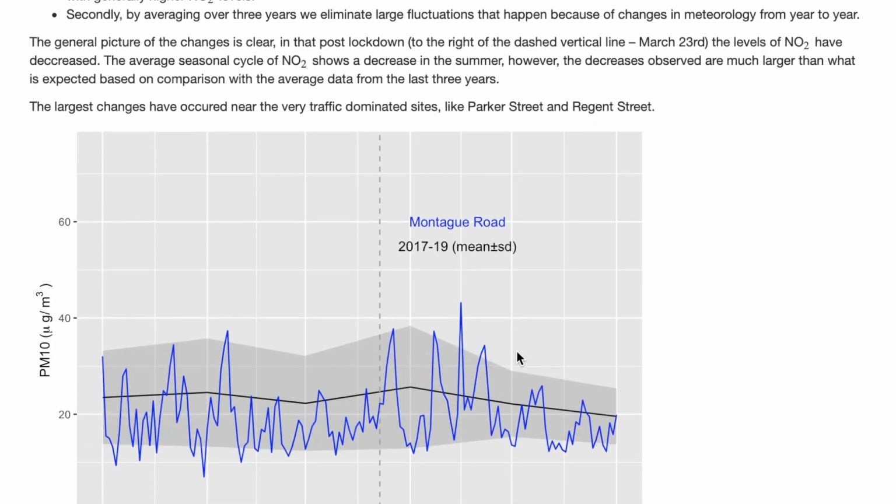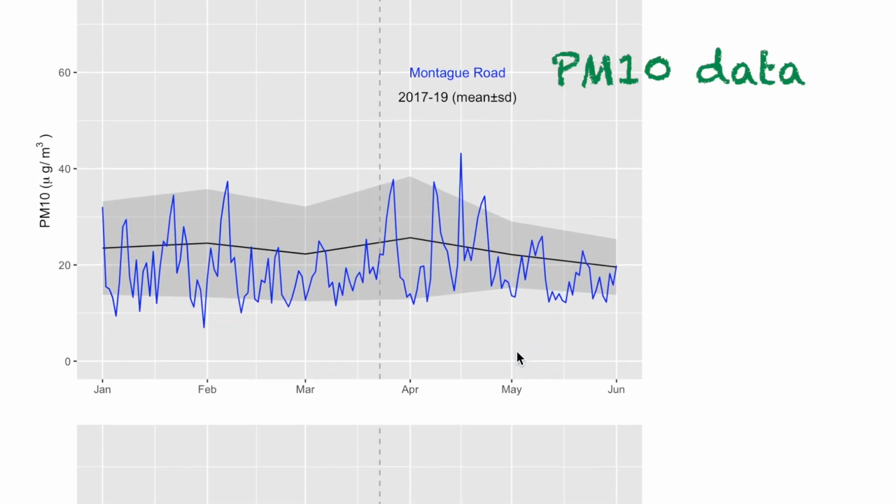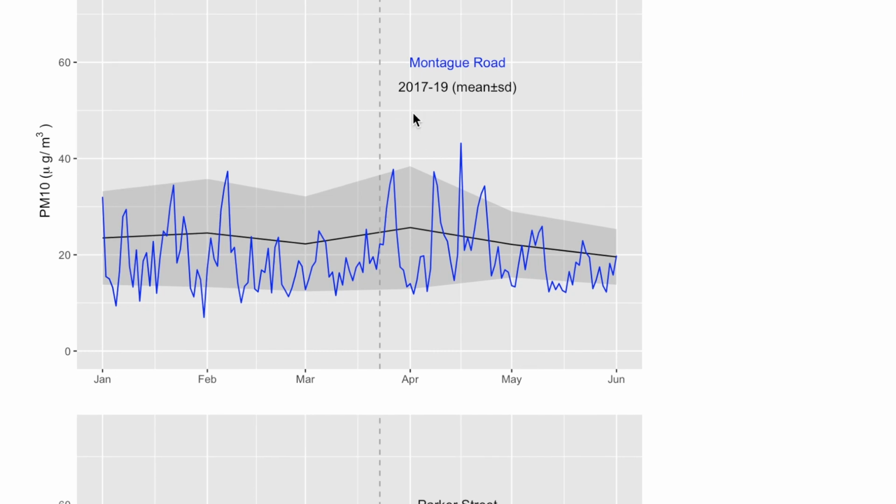So let's then look at the PM10 and see whether we can see a difference there. So this is now the PM10, that's here at that same location we've just been looking at, the air quality station. What would you say about the PM10? Has there been much difference in this year, 2020, in blue compared to the last few years, which are shown in grey?